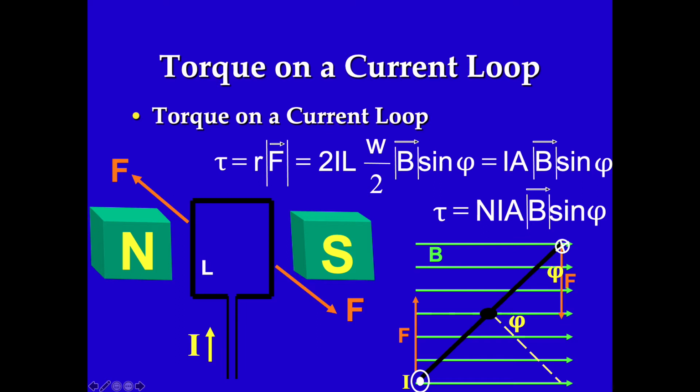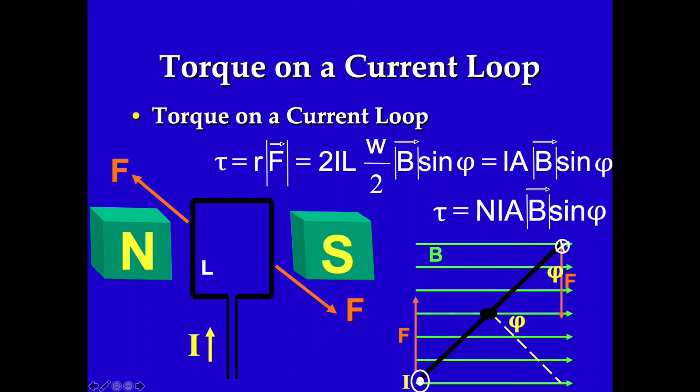But let's ignore that for now. The black that you see is the loop of wire I'm talking about. And the current flowing through the loop is clockwise.